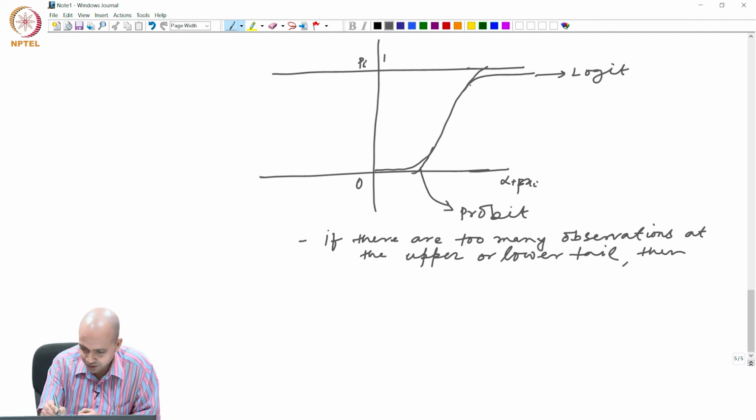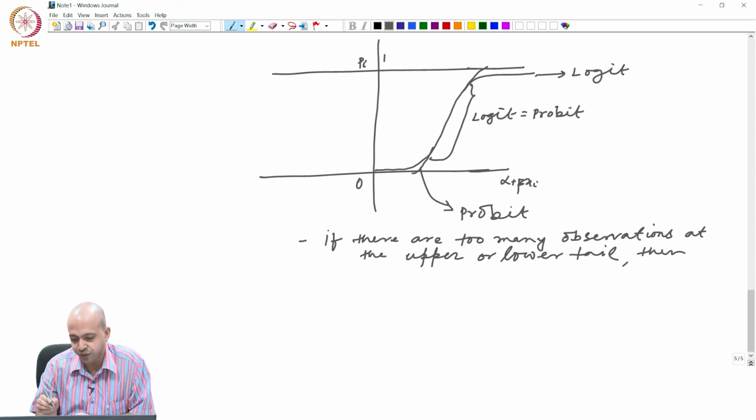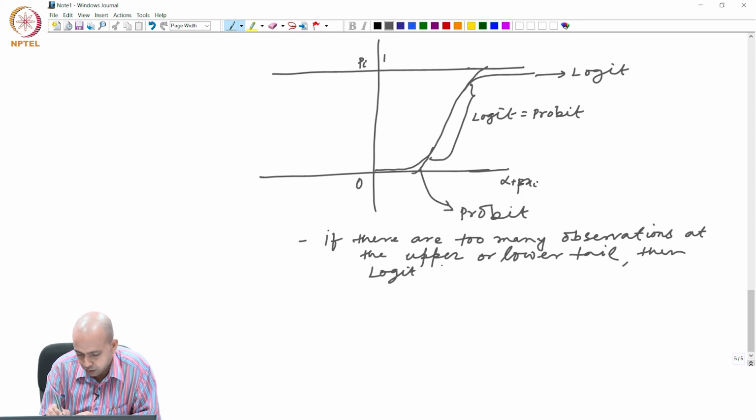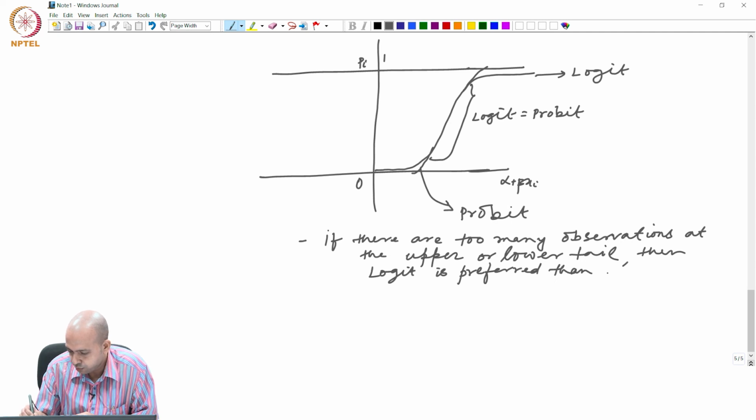And in the middle range, both logit and probit are the same. Logit equals probit. Then logit is preferred over probit.